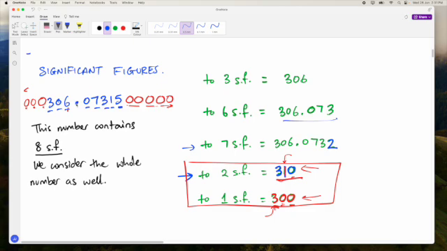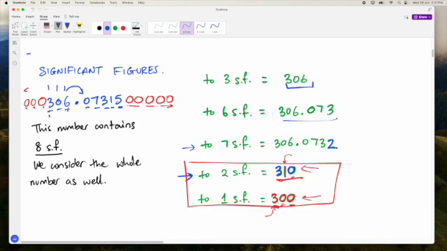So we count the whole number and the decimal places all as significant. We consider the whole number as well. To 3 significant figures, we just start from the whole number, 1, 2, 3. Same thing with decimal places, you check the number after, it's less than 5, so it'll stay how it is, 306.